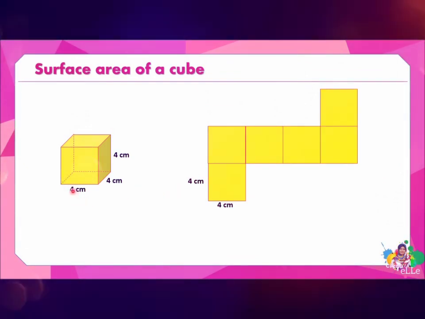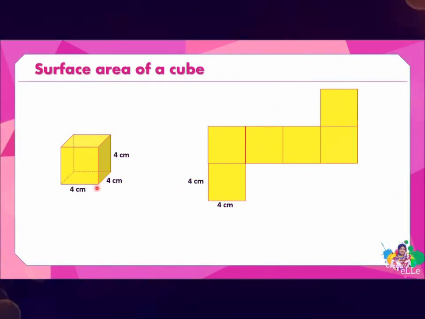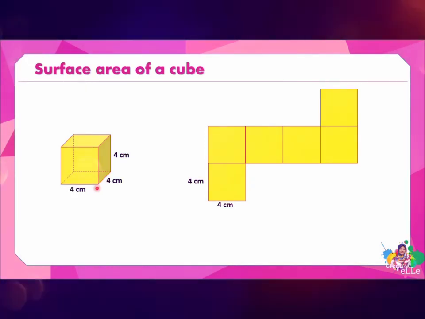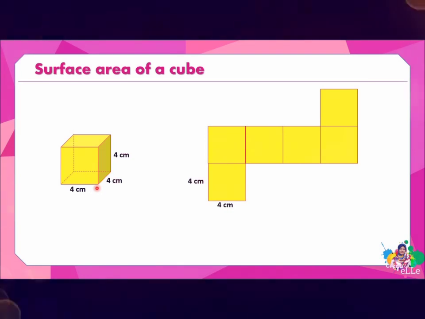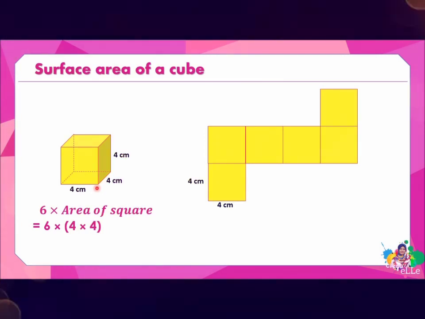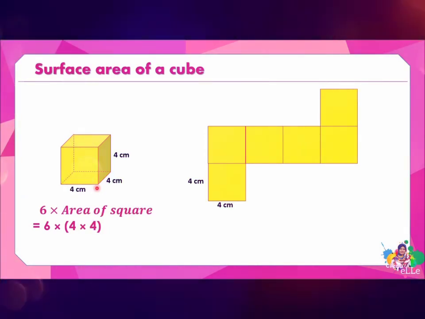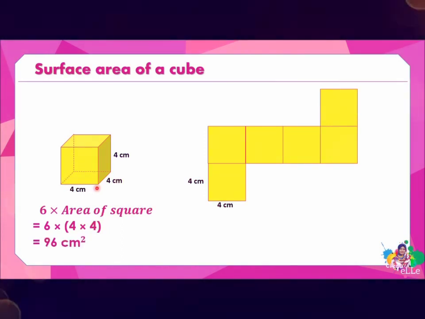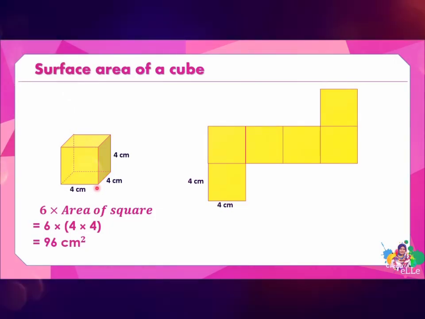Example, given the length of the side of this cube is 4 cm. So to find the surface area of a cube, 6 times the area of a square, 6 times 4 times 4, because the side of this cube is 4 cm, and you will get 96 cm square.